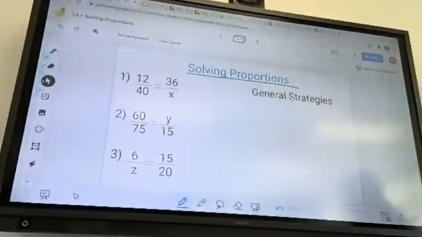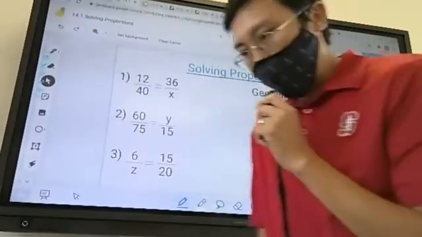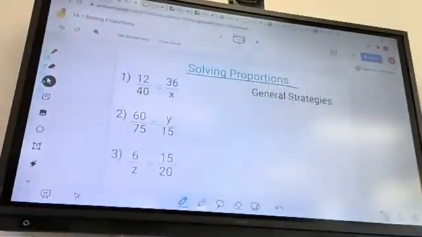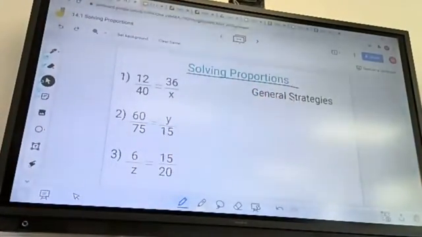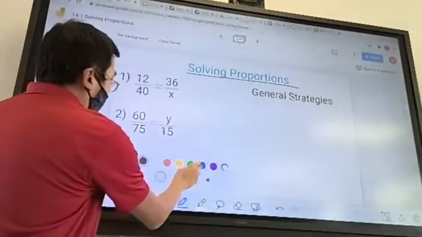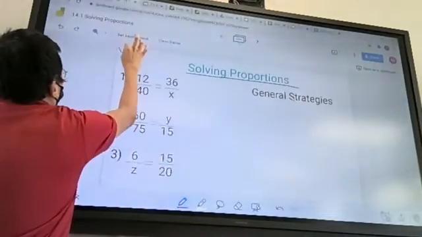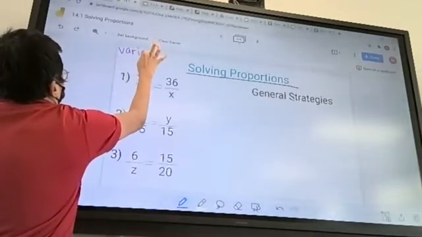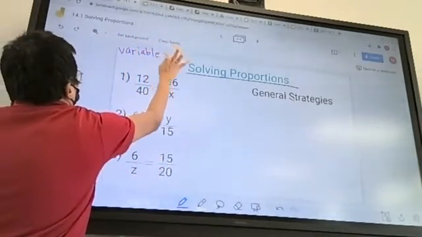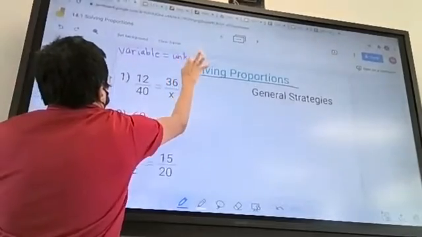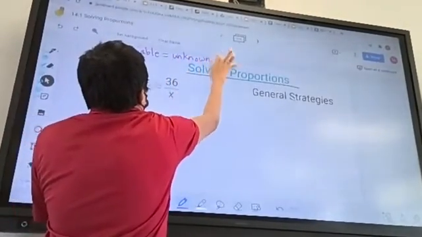So we're doing some algebra, and in algebra, you'll see these letters called variables, and I want to define what variables are. So a variable, just write in the upper left-hand corner, is an unknown number, something we're trying to figure out.